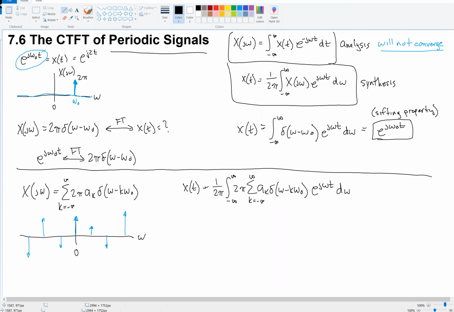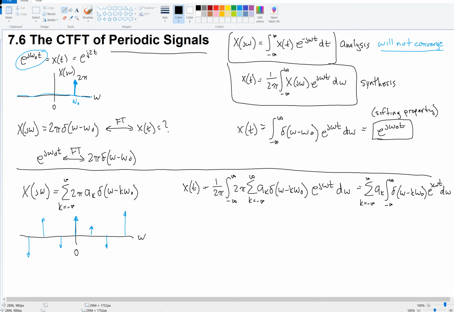Now the 2 pi's will cancel, and I can switch the order of the sum and the integral. Right, the integral of a sum of things is the sum of the integrals. I've got this.